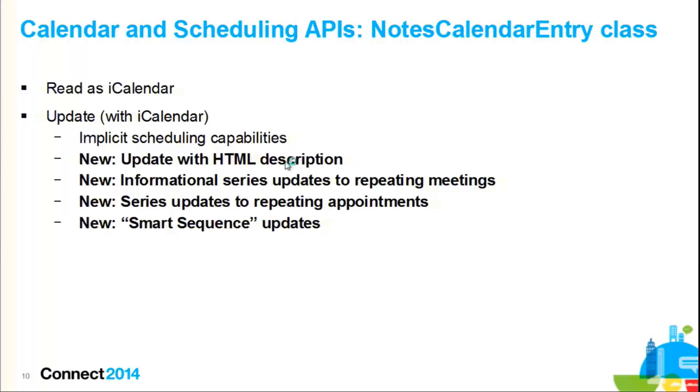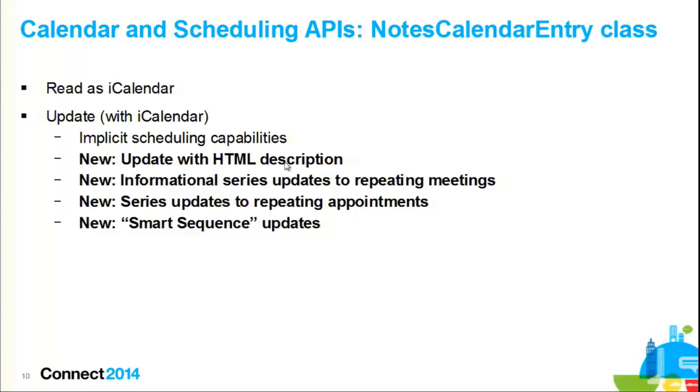So for meetings, we allow you to update the series so long as you don't change the actual recurrence pattern, so non-time changes for the series. And we allow you to make any changes you want to an appointment. So you can change the time to an appointment or the information. If anyone wants to know why we don't allow changing the time to a series, it's a conversation for the lab probably, because I don't want to run out of time here. The other thing is smart sequence.